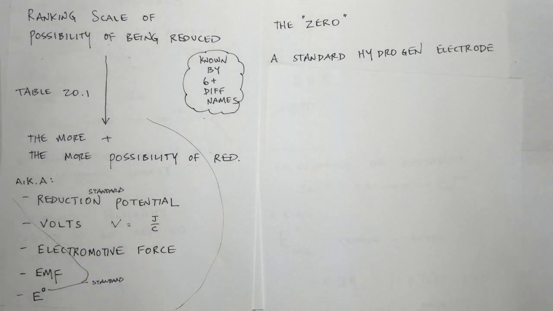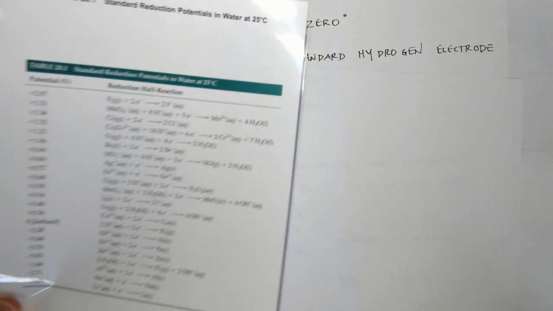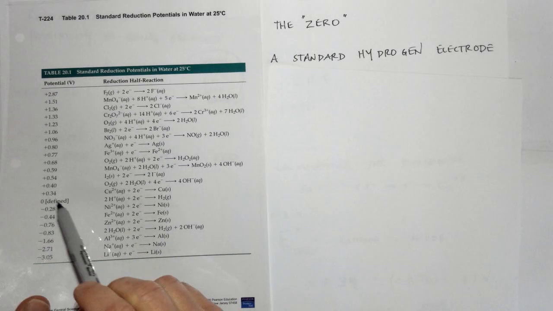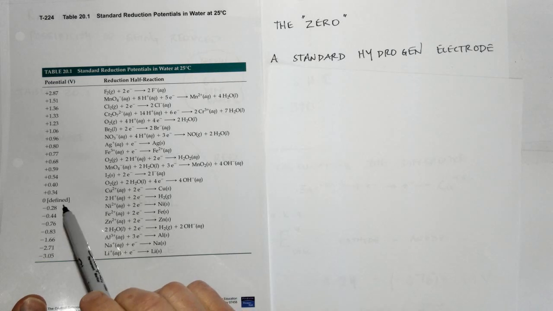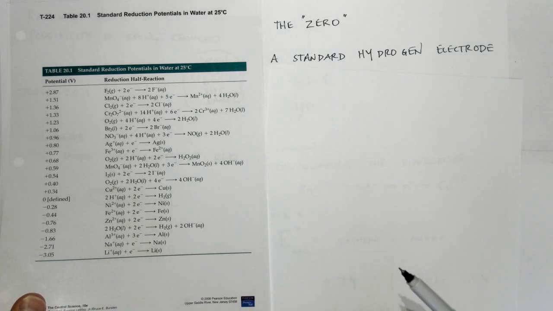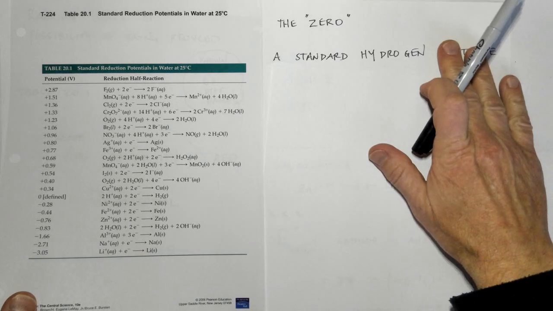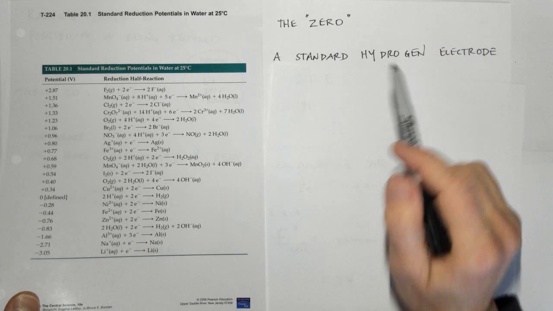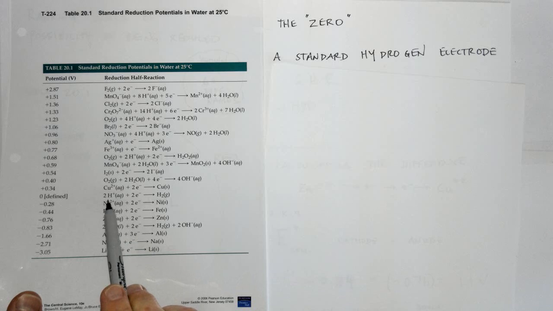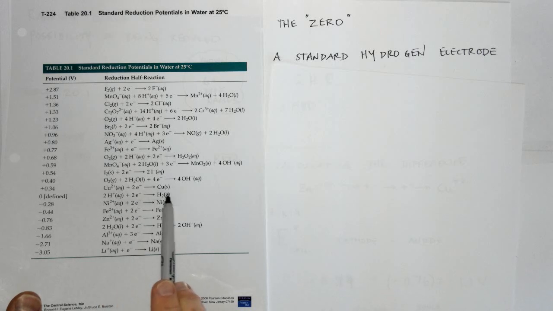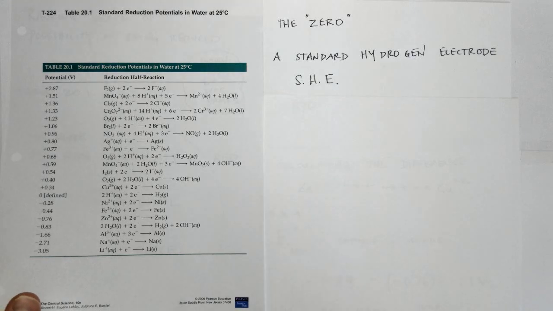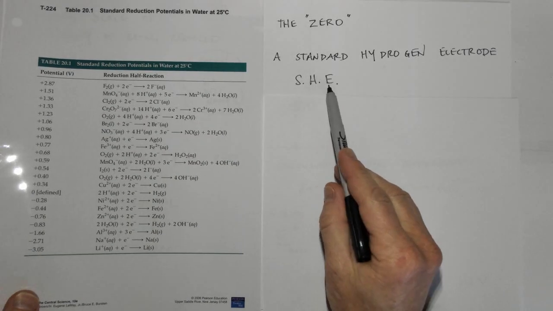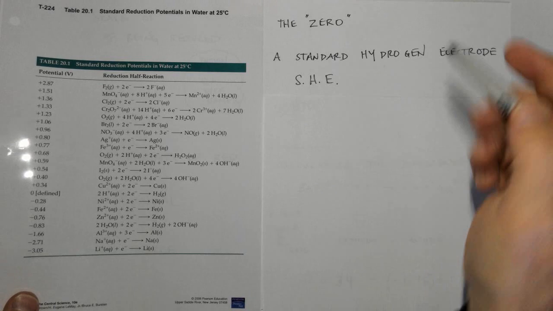So how do we know where these are? As a matter of fact, it's arbitrary. There is a 0 in here, defined as a 0 ability to gain or lose electrons, called the standard hydrogen electrode. And you can see it right here: H plus 2 electrons goes to H2. That's the standard hydrogen electrode, and it's symbolized SHE, standard hydrogen electrode.